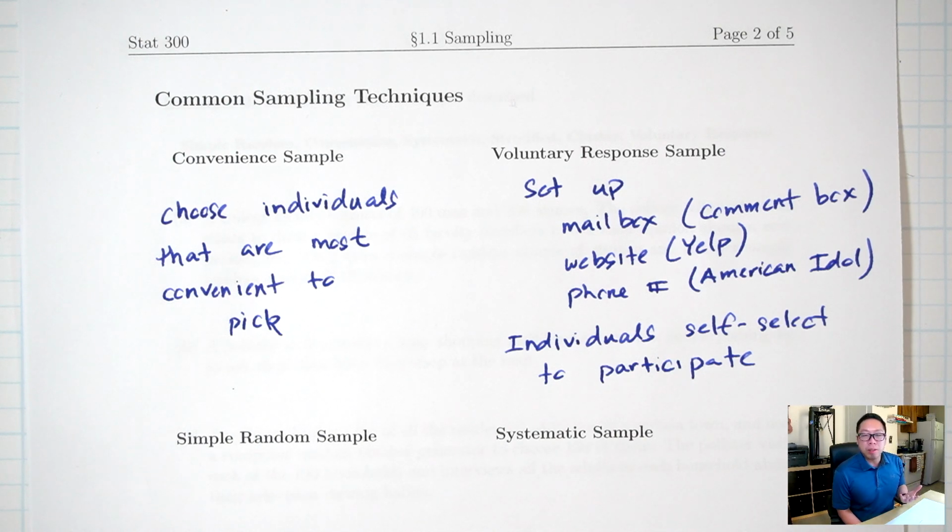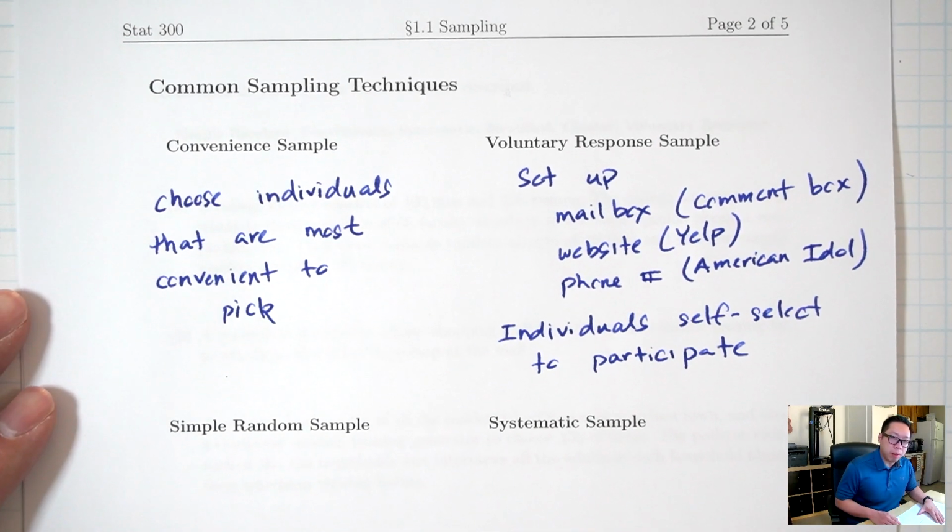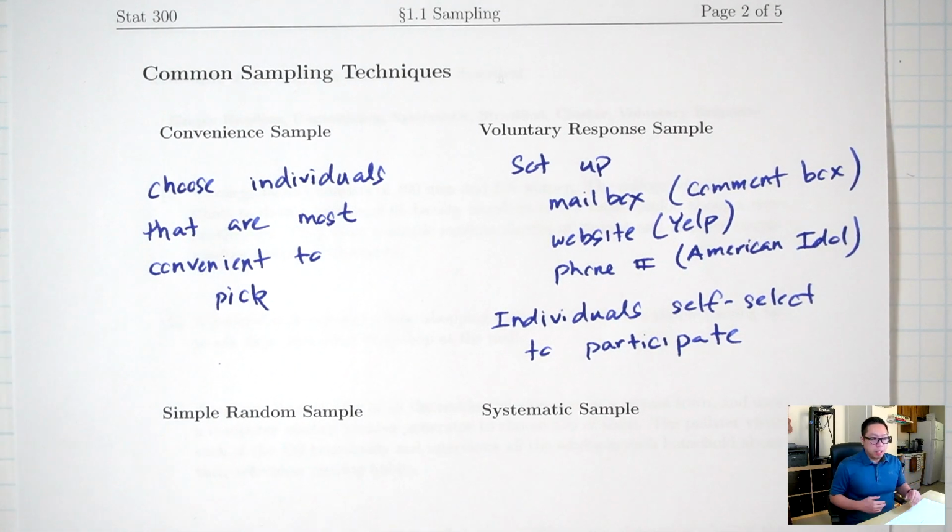For a voluntary response sample, the problem is that, because people choose for themselves to go to these places and offer their opinion, oftentimes the people who choose to participate are the people who either are super happy or super unhappy, right? You don't get a lot of people in the middle.